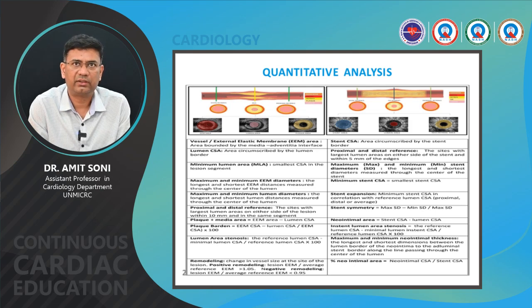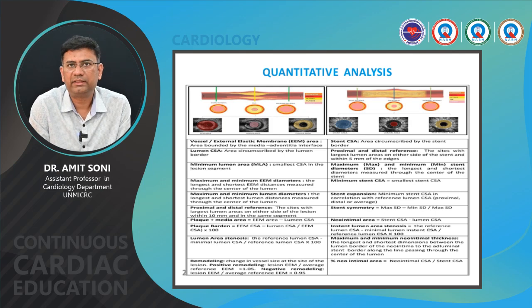Minimum stent cross-sectional area is the smallest stent cross-sectional area. Stent expansion is the minimum stent cross-sectional area in relation to the reference lumen CSA, proximal, distal or average. Stent symmetry is maximum stent diameter minus minimum stent diameter, divided by maximum stent diameter.